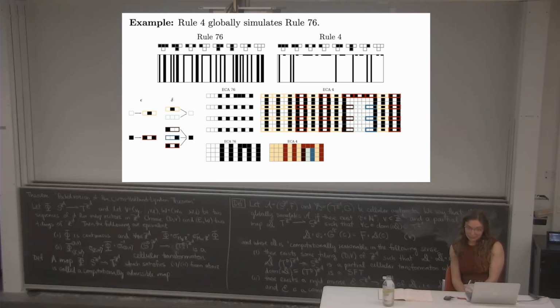So this somehow means that these two automata are equivalent modulo the relationship of global simulation. It does not necessarily mean they share the exact same dynamical properties, but from a computational perspective, whenever one of them can simulate something, the other can simulate it too.